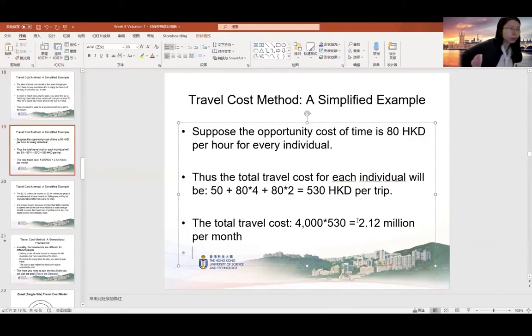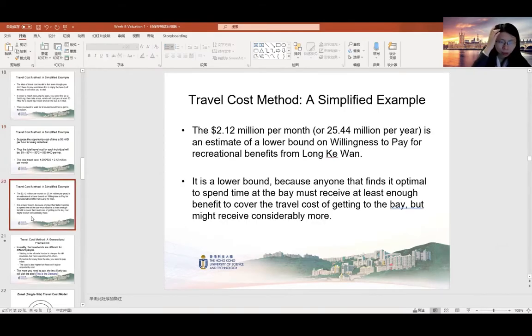It tells you that your willingness to pay for the trip is at least 530. It could be 600, could be 700. You're willing to do this, which means it's higher than 530. So it's going to be a lower bound for that reason. Anyone who finds it optimal to spend the time must receive at least the travel cost. It could be more.